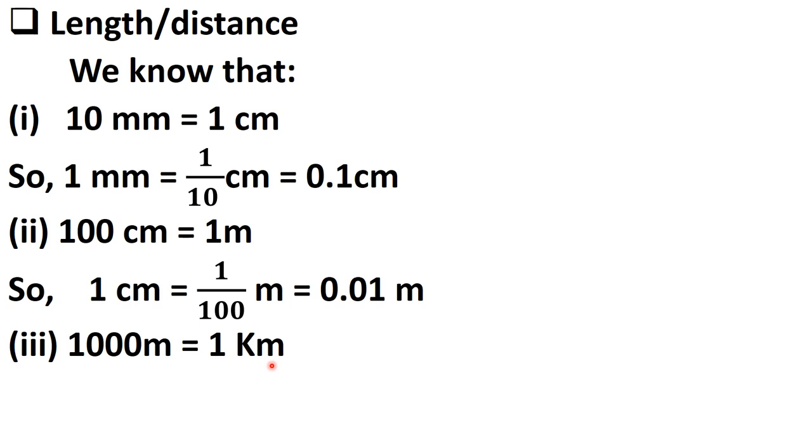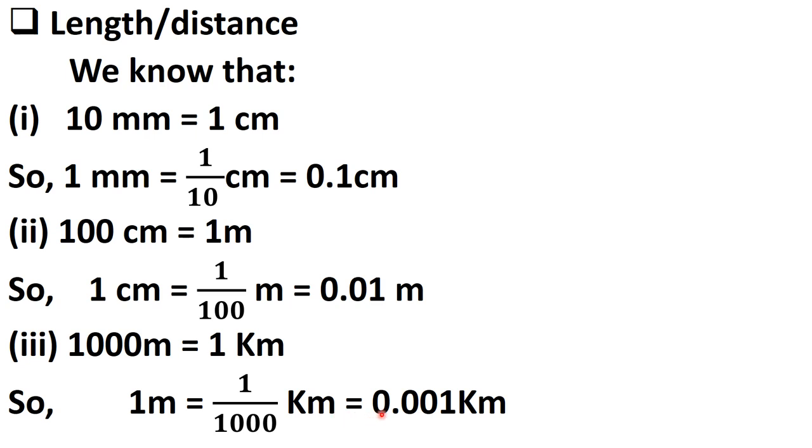So you know very well that when we have to convert into greater unit, we will always divide. So 1 meter equal to 1 upon 1000 kilometer, that is 0.001 kilometer. Now see example of this.